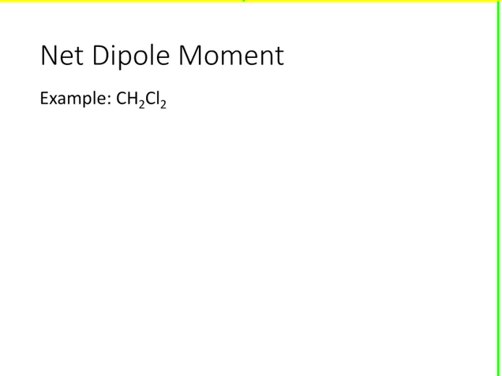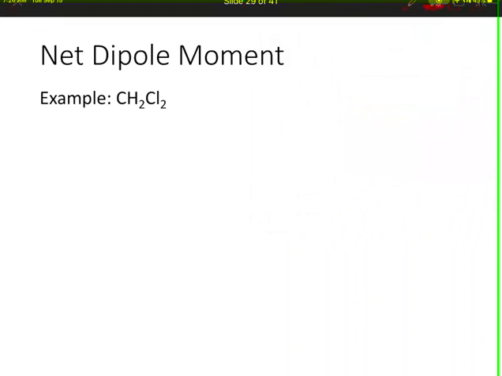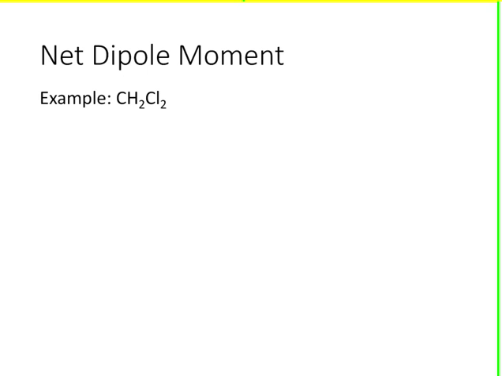So probably the first thing we want to do is draw the Lewis structure for this molecule. Which atom would go in the middle of this molecule? Carbon, right? It's by itself and it can make the most bonds.